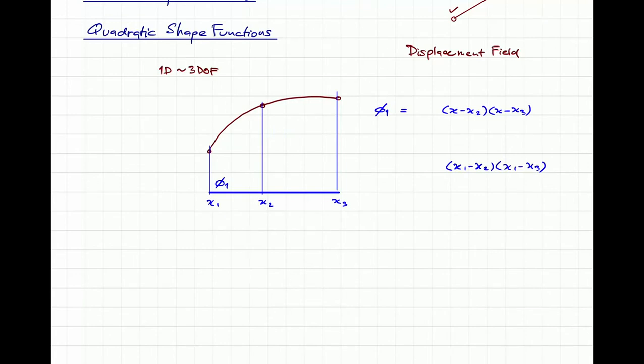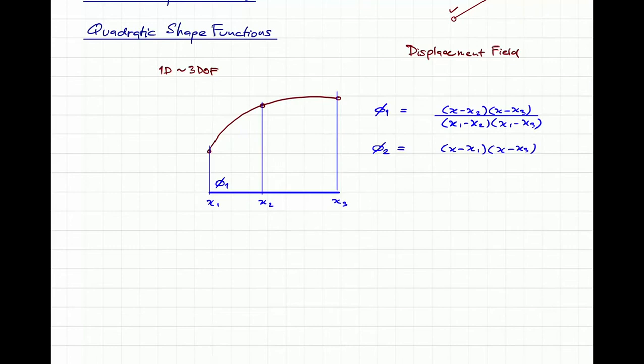So the whole thing will be divided by this one. Once you substitute x1 in there, then you get the influence equal to 1.0. Likewise, when you work on phi 2, you're gonna get x minus x1 times x minus x3.